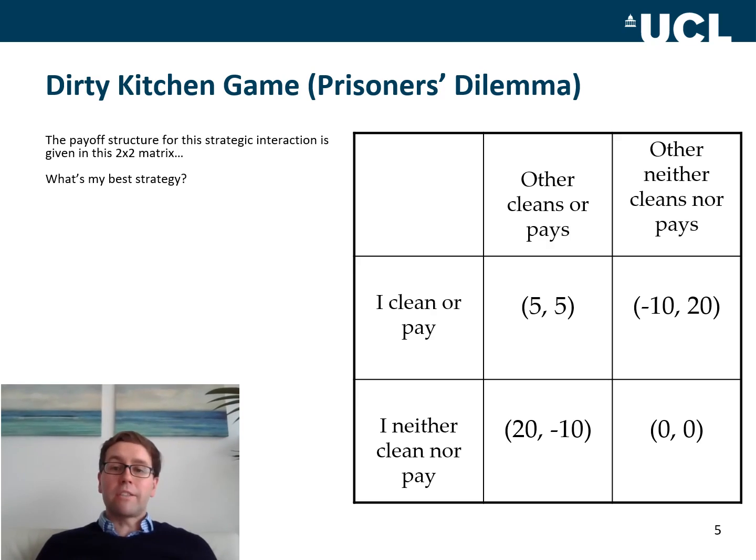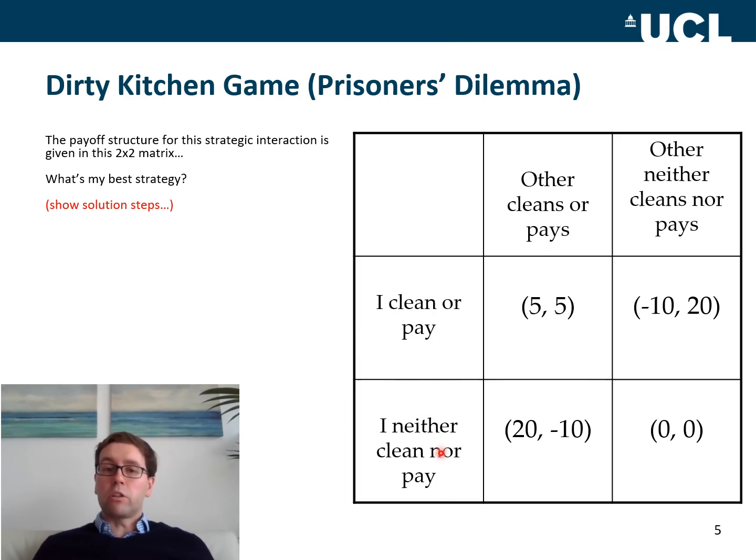Okay. So let's think about this a little bit. I'm gonna use the laser pointer here for a second. Basically what we have to ask is what are my choices? I can clean or not clean. And I will think about what is my best response to your choice. So if I think you're gonna clean, I will only look at this column here. What is my best response to that?